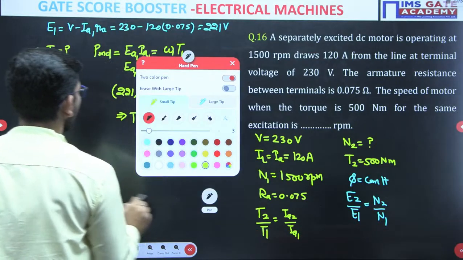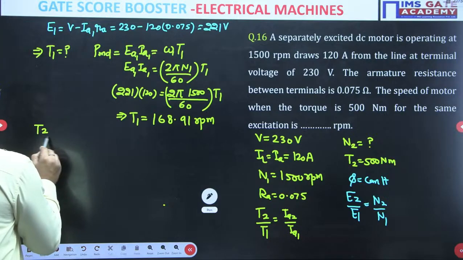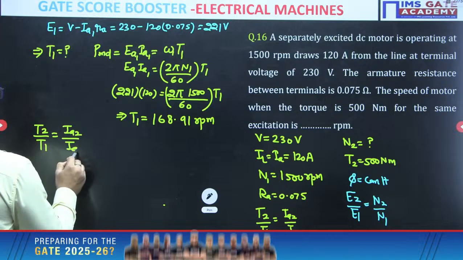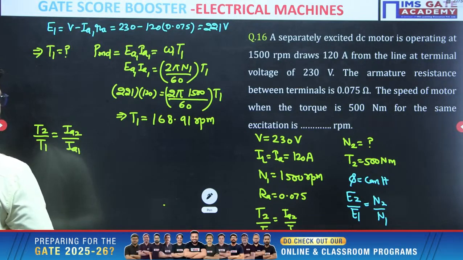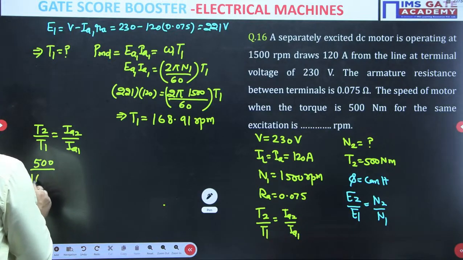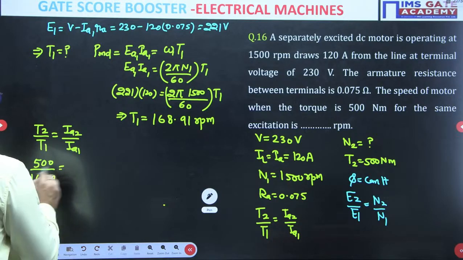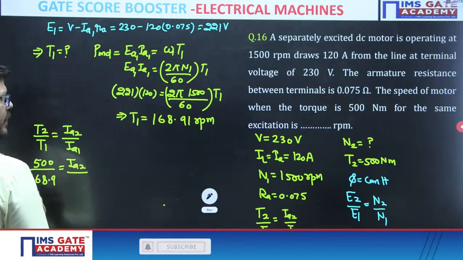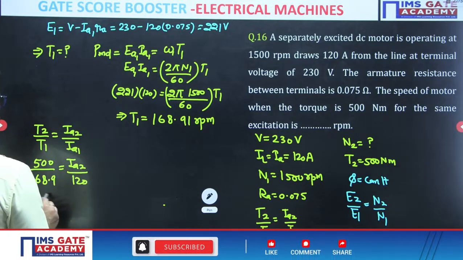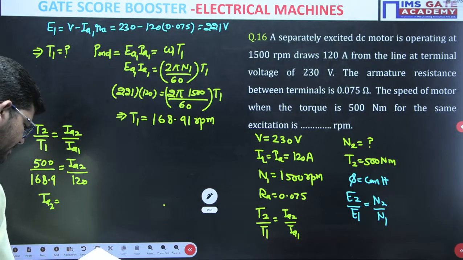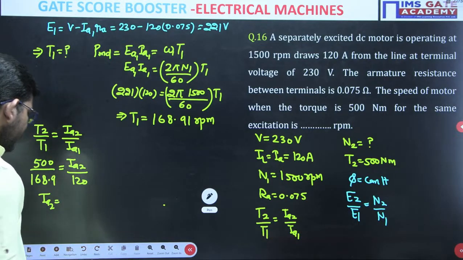Now if you apply T2 upon T1 equals IA2 upon IA1, T2 is given 500, T1 is 168.9, IA1 is 120. From here you will get IA2, and what I am getting is 355 ampere.